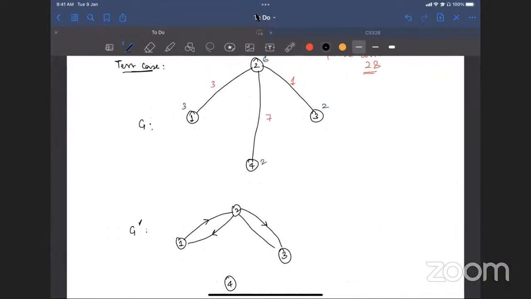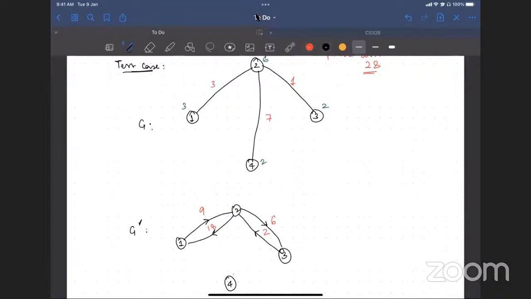Weight of the edge going from 1 to 2? 9, right? 9, 3 into 3. Right. And from 2 to 1? 18. 18. Perfect. From 2 to 3? 6. 6. Okay. 3 to 2? 2. 2.